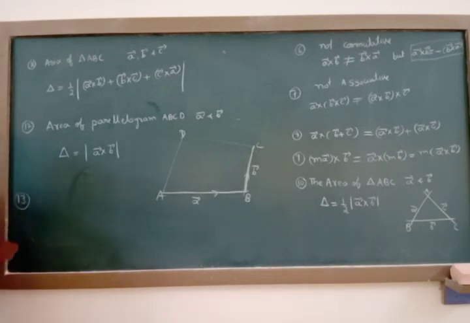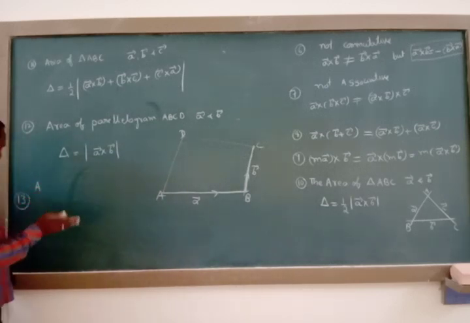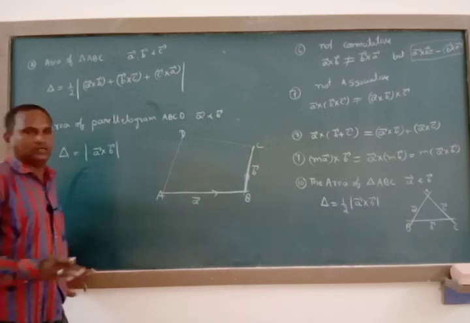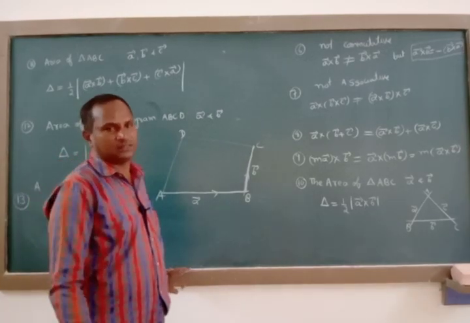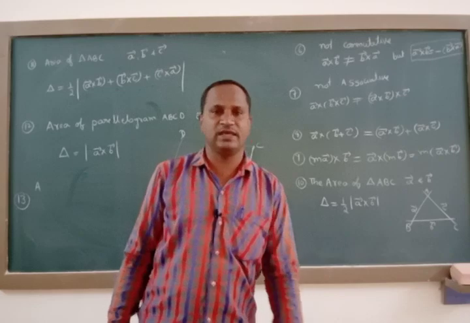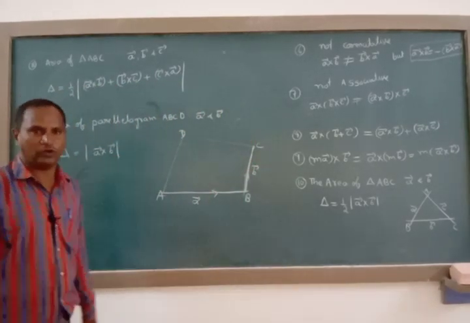13th. The area of parallelogram with diagonals. Same concept, because in case of point 13, whenever they give diagonals, at that time one more formula is there to find the area of parallelogram.